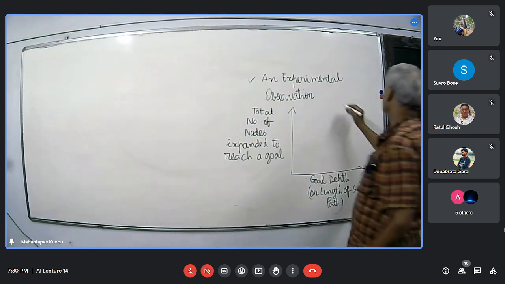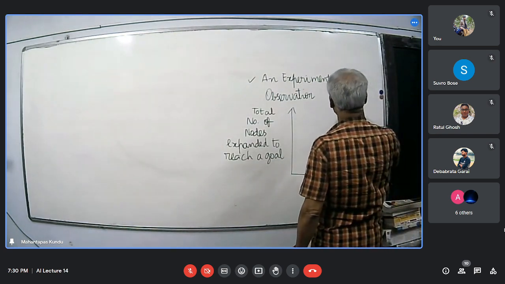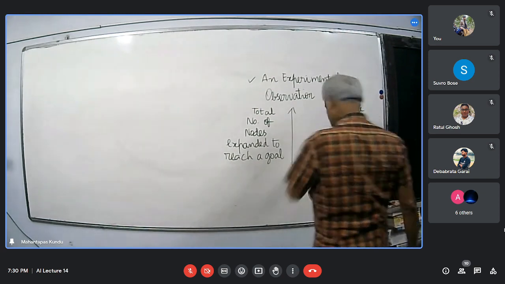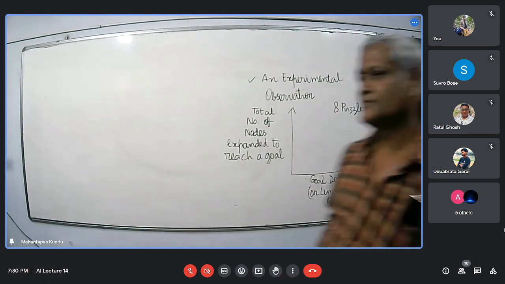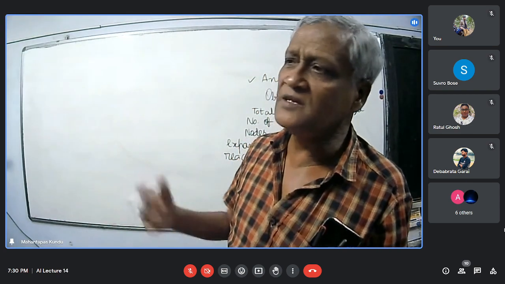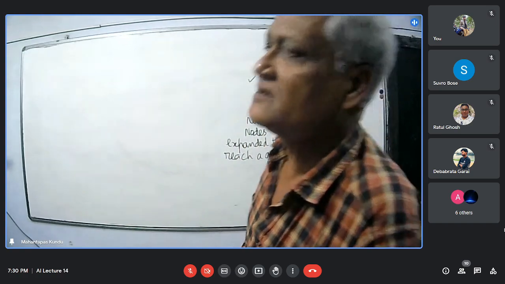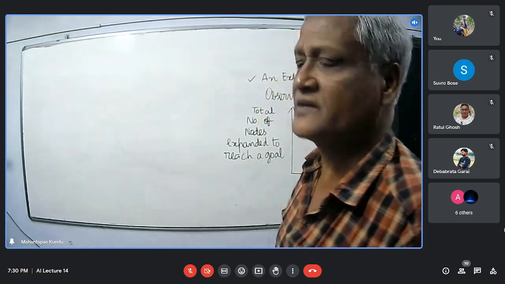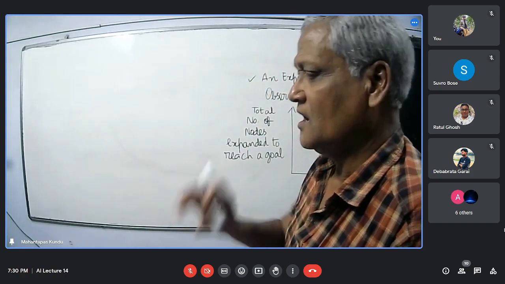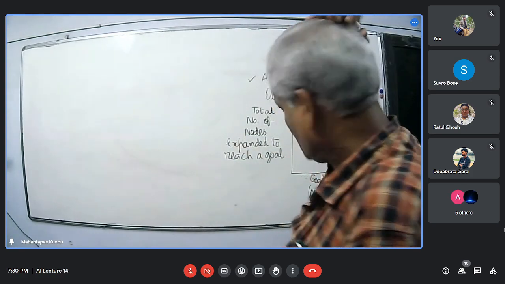Now, an experiment was conducted with the 8 puzzle, and various problem instances were generated randomly by generating the start state and goal state randomly.